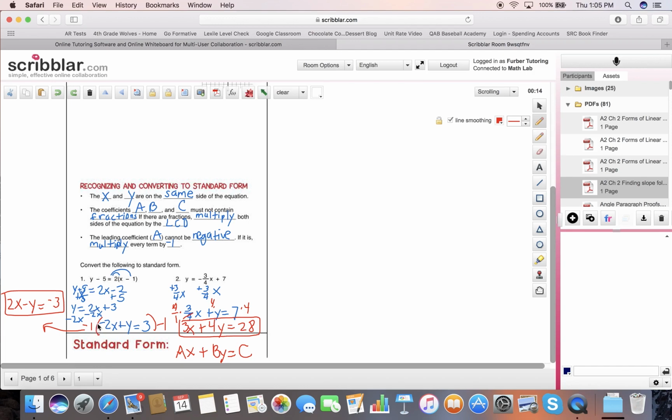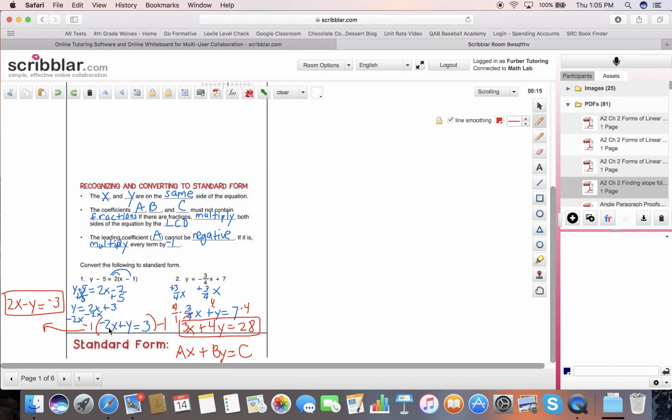If the leading coefficient, which is the x term, turns out to be negative, as in this example, when I tried to solve this, I had to move the 2x to the left side by subtracting it. It made the 2x a negative 2x. If I want to get rid of the negative, then I multiply all three of the terms by -1, which is basically just going to have the effect of changing all of the signs.